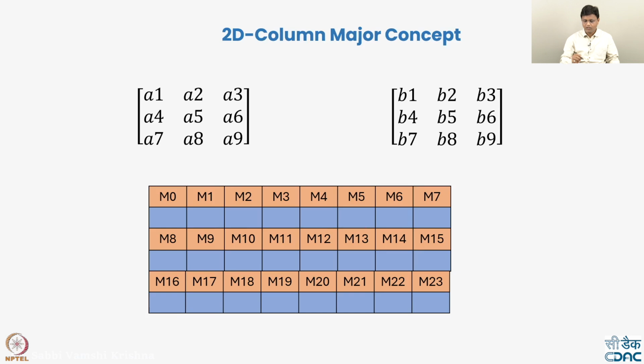Now, let us discuss how these two matrices are going to be stored in memory if you are using the column major order. So, here you can see A1, A4, A7, A2, A5, A8, A3, A6 and A9.